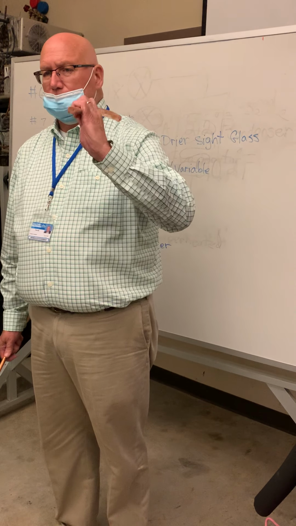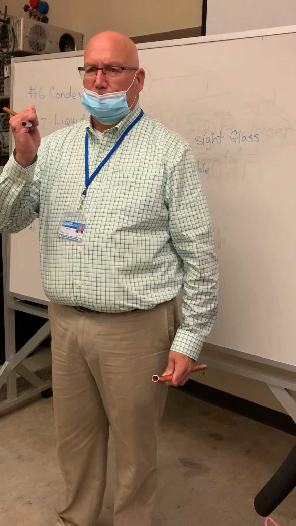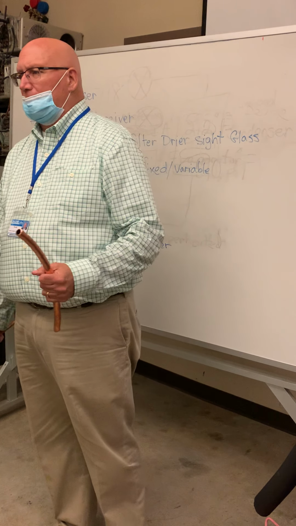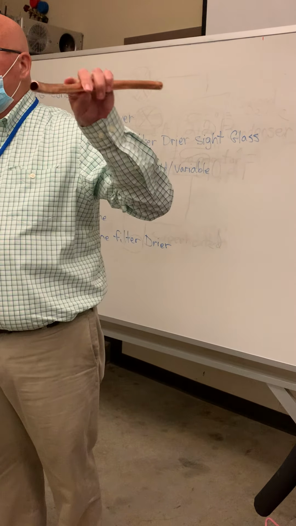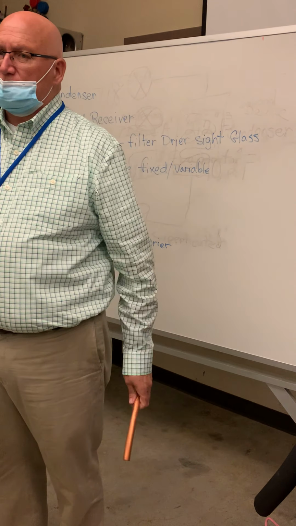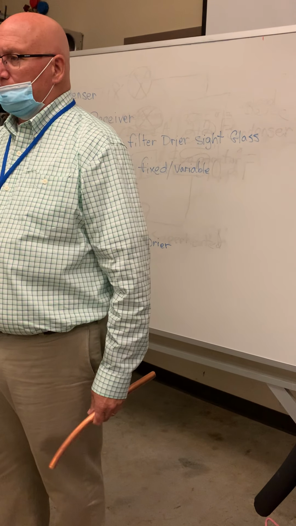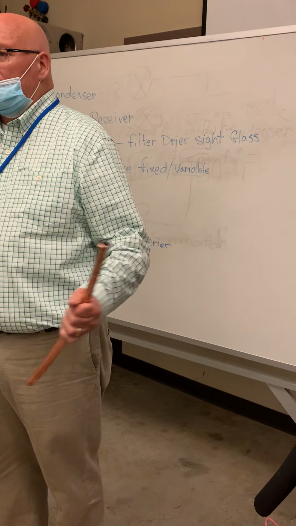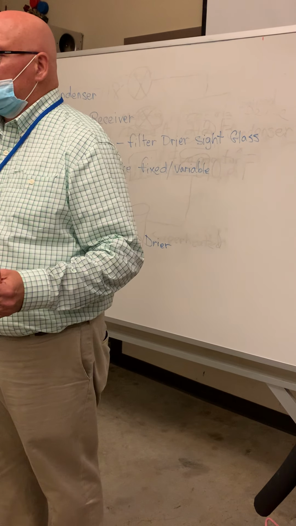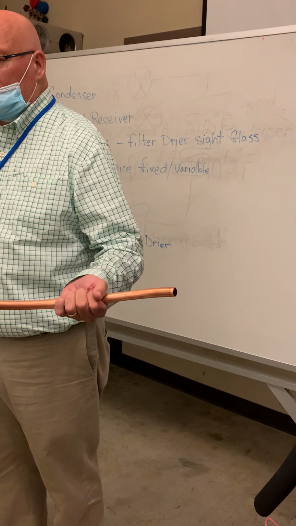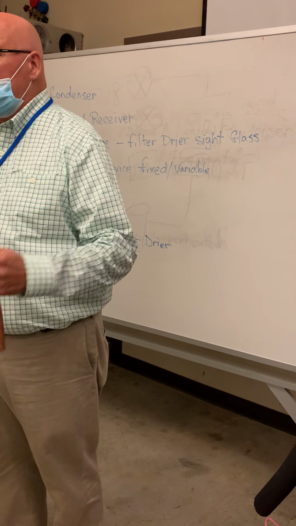Suction line, liquid line. This is going to be really complex. We're going to really get into big science. Big suction, smaller liquid. It's the rule. Why is it? Well, suction, or low side, is a vapor, right? It's a gas.